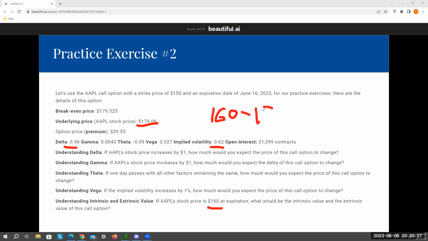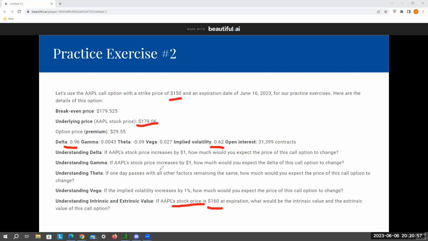Because this means that I can gain $10 on every share if I were to exercise this contract. That's my intrinsic value. That makes sense? Very simple. If your contract is in the money, which means the stock price is higher than your strike price, that means you have intrinsic value. If your stock price is the same, you have $0 intrinsic value. If your stock price is below, you have $0 intrinsic value, right?